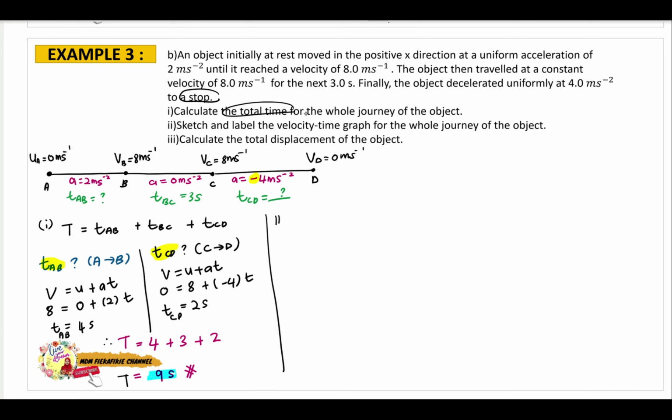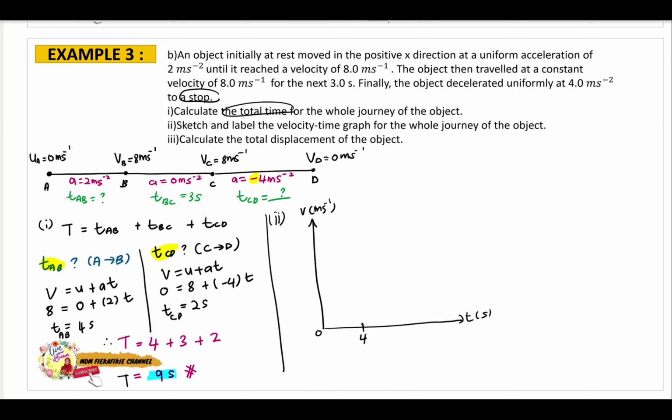And then number 2, sketch and label the velocity time graph for the whole journey of the object. So we want to sketch the V against T graph. Make sure you put the units first. This is time T in seconds. Starting from 0, we look at our time intervals: from A to B is 4 seconds, so let's put 4 here.